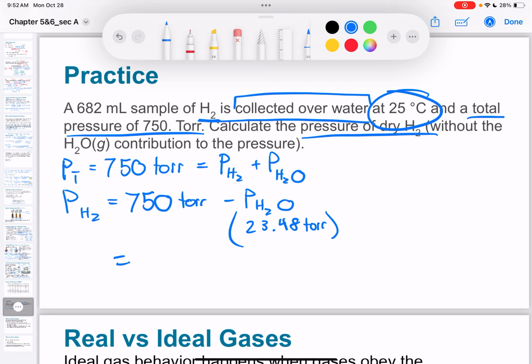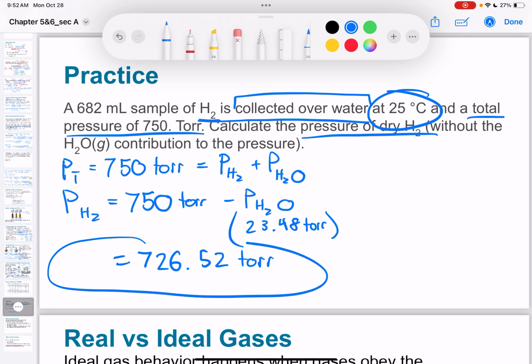So the pressure of the hydrogen itself is just 726.52 torr. That's the pressure of the hydrogen gas. This said calculate the pressure of hydrogen, and that's all we have to do. We don't actually even need the volume there.